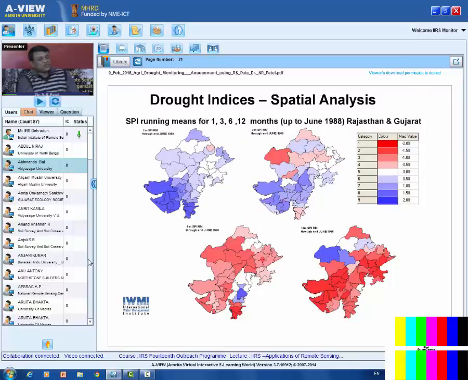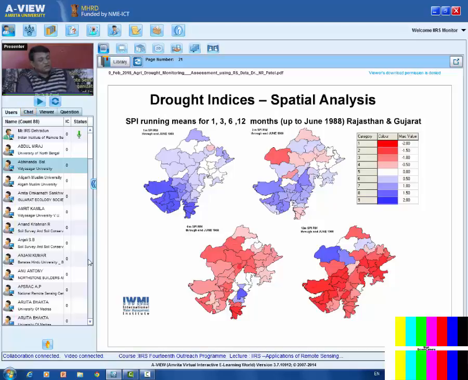Similarly, for the district level also you can see the influence of the time scale. With a 1 month time scale, that is 1 month SPI for June, there is no drought for Rajasthan and Gujarat. But once you go to 6 month SPI and 12 month SPI, it shows drought.